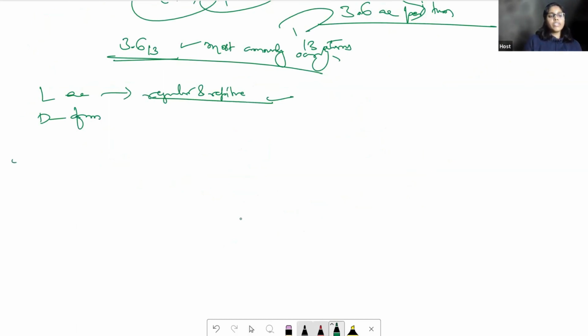Coming to beta sheets. Beta sheet is formed between 2 or more amino acid chains. So it can be parallel or anti-parallel to each other.